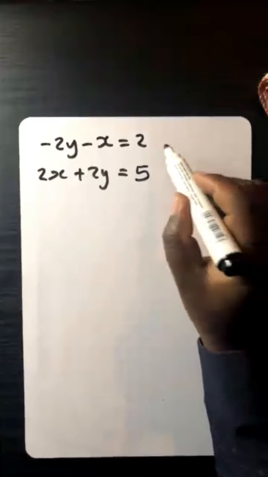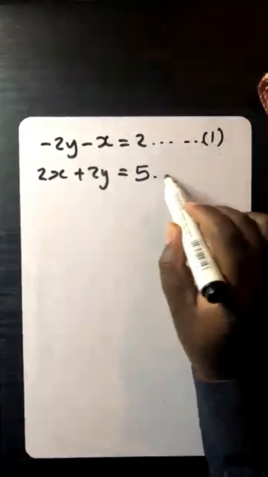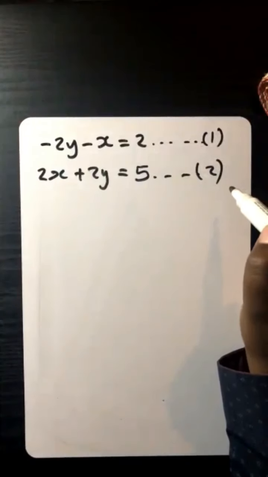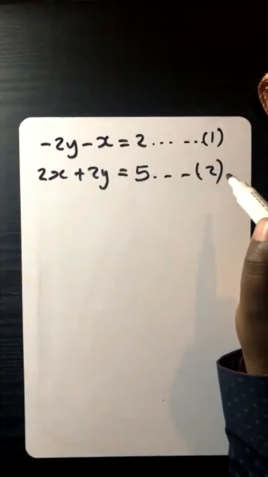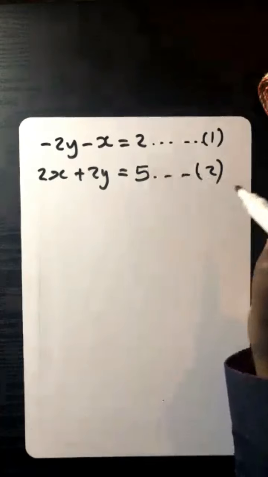Okay, so guys, you are given this and they say solve for x and y simultaneously. So obviously, you need to have your equation number 1 and equation number 2. In this case, you cannot apply that type of simultaneous equation method where you say equation 2 minus equation 1.